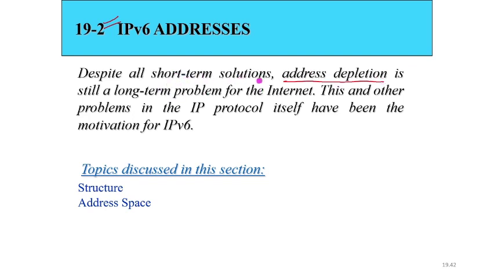Despite all the solutions we have tried, even classless addressing, which is a short-term solution, could not overcome the requirement for addresses as hosts are increasing. Address depletion is still a long-term problem for the internet. This and other problems in the IP protocol itself have been the motivation for IPv6.